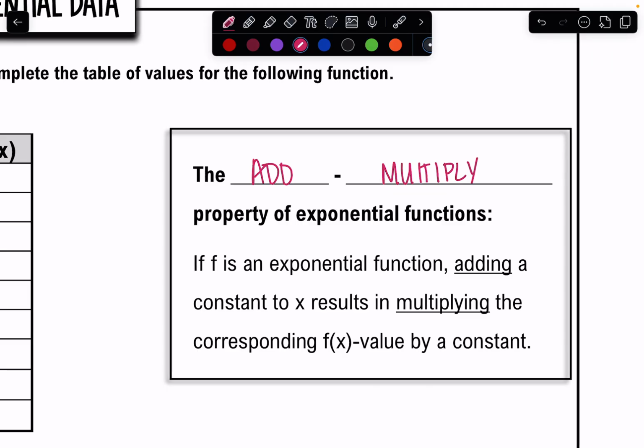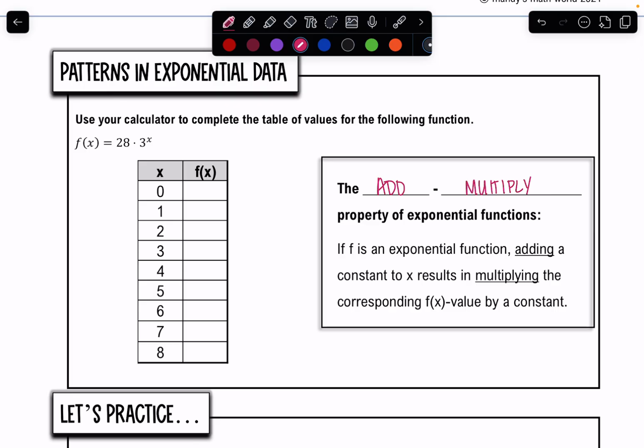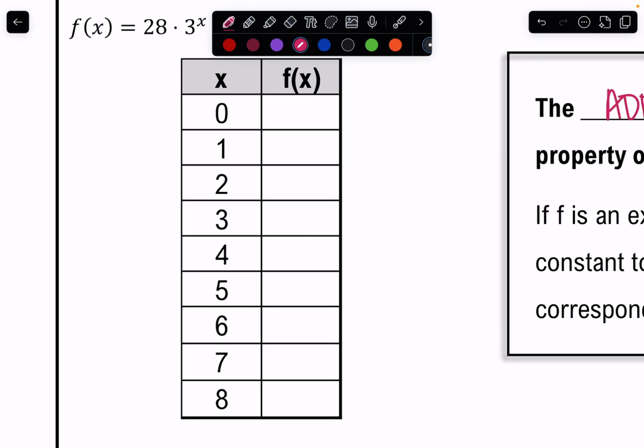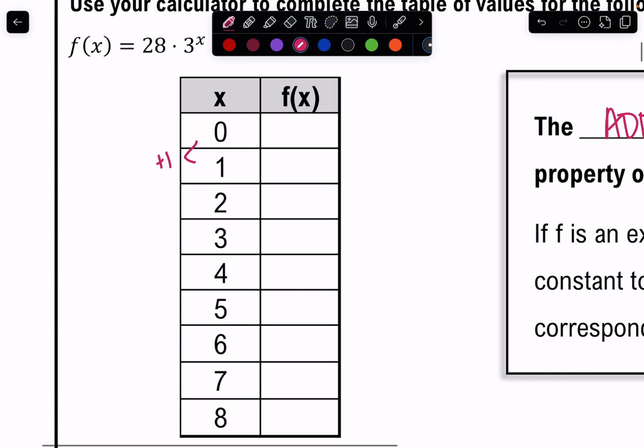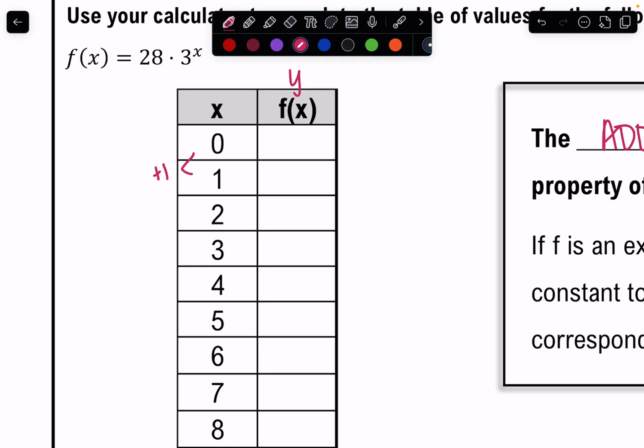I know that was very wordy, but what we're saying is if I am consistently adding something every single time to my x table here, and as we can see, I'm adding 1 every single time, so it's not like I'm jumping around and potentially missing a pattern, everything's increasing by 1 here, then there's going to be a consistent multiplication with the f of x values, which again, is the same thing as y.